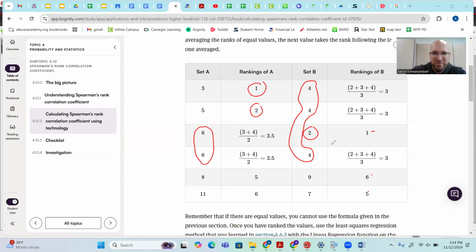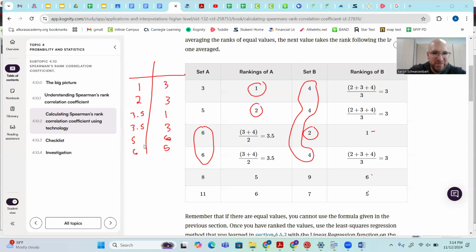So ultimately, my data goes essentially as a table of 1, 2, 3.5, 3.5, 5, 6, and 3, 3, 1, 3, 6, 5. What I'm going to do is calculate a correlation based on that.